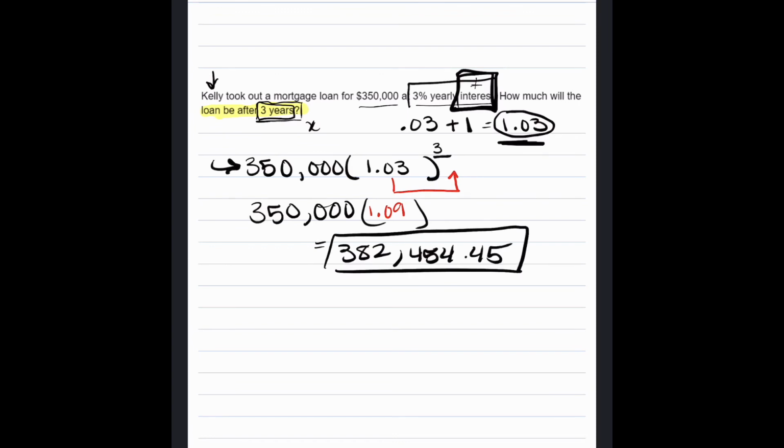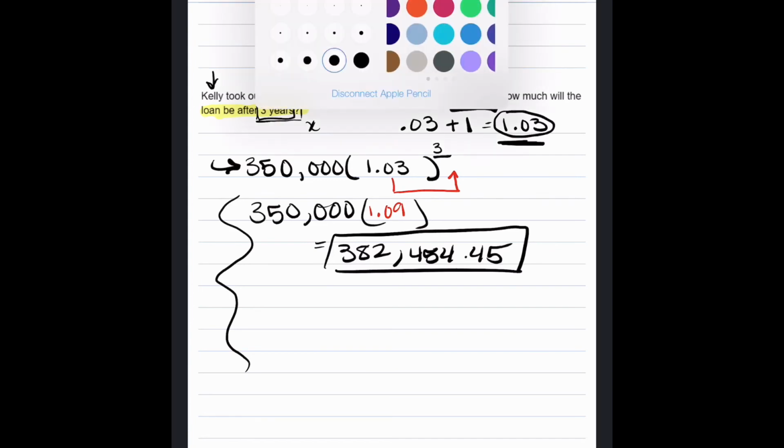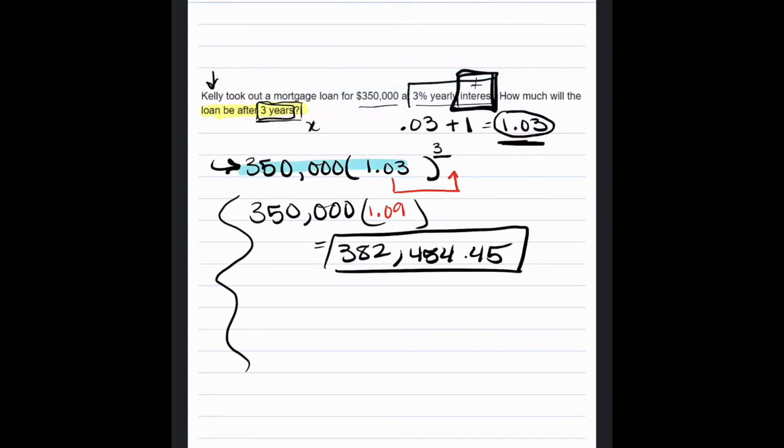So if you remember this shortcut, you'll save yourself a lot of room here. This also models our exponential functions. So in the next problem, we're going to talk about how to write exponential equations, and it follows this model here, where we have y equals your initial value, which in our case was that 350,000, times 1 plus or minus the percent.